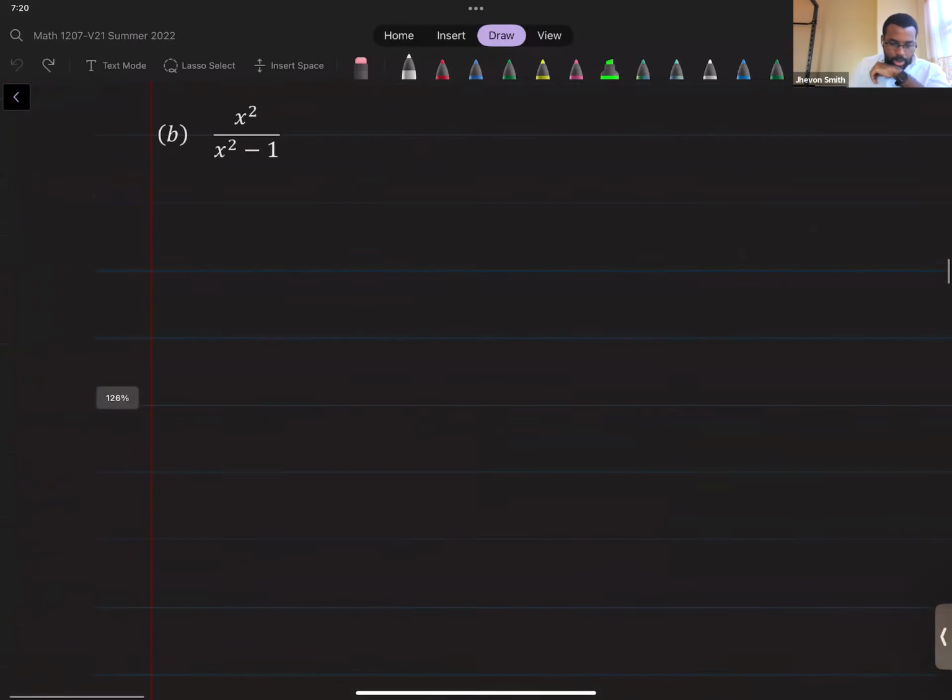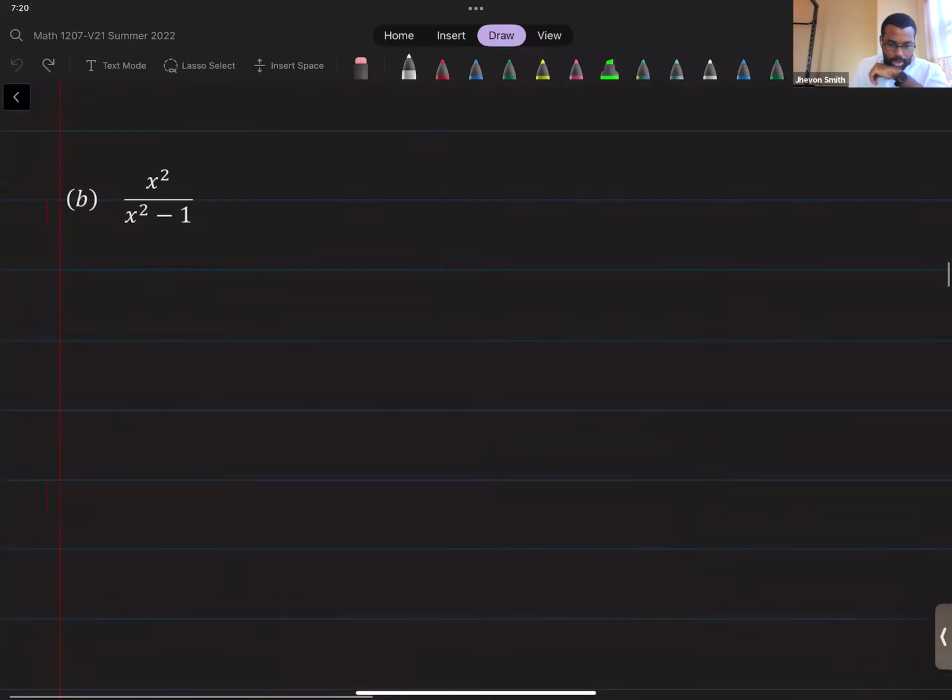So that's how we got those guys. Let's talk about this one. So can we do partial fractions on this? I don't think so, because both are of the same degree.